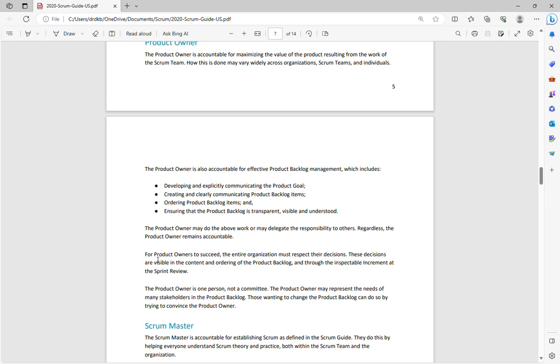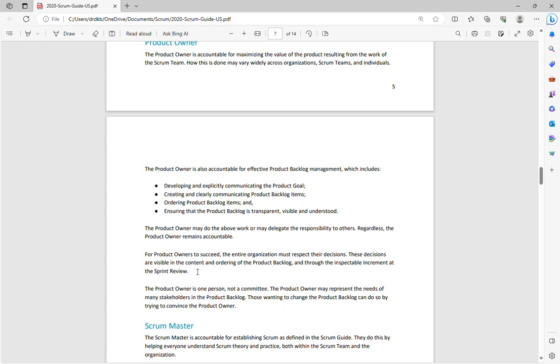Now, next one is: for product owners to succeed, the entire organization must respect their decisions. These decisions are visible in the content and ordering of the product backlog and through the inspectable increment at the sprint review.